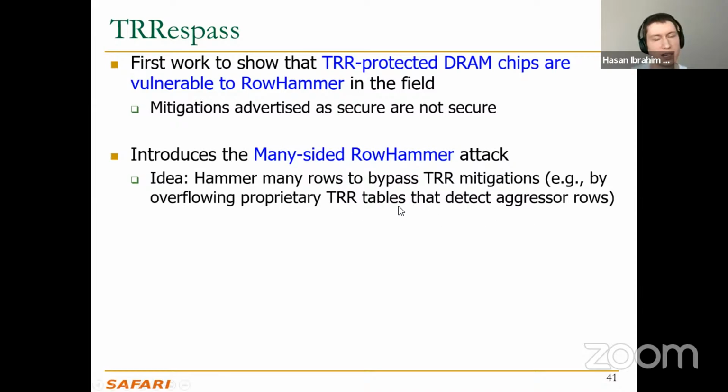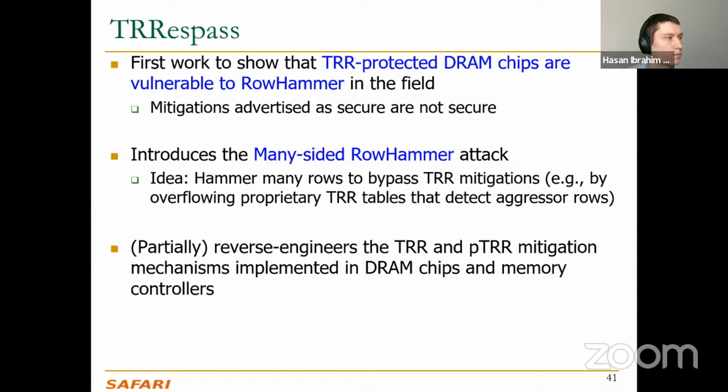Here by TRR table, we refer to the counter table that we later uncovered more details about, right? And same for the sampling-based mechanism of vendor B. If you hammer many rows at the same time, it can still be likely to bypass the TRR mechanism.